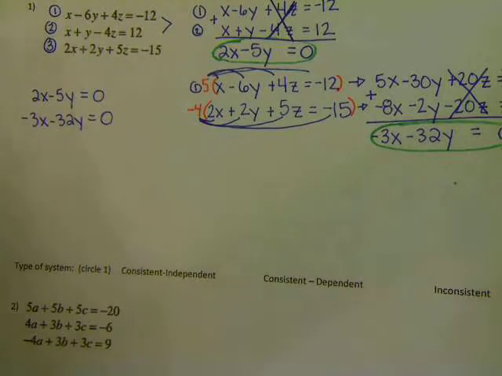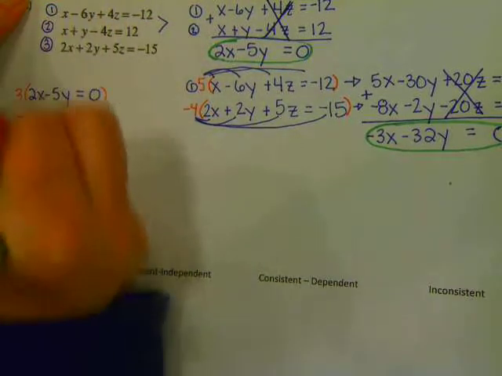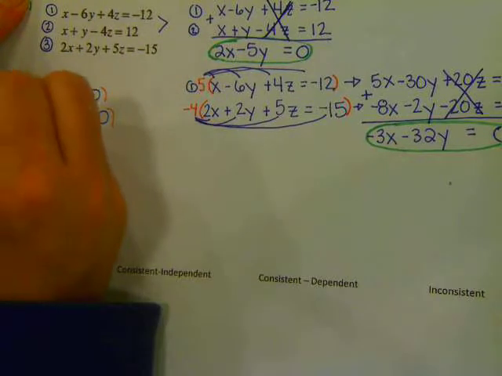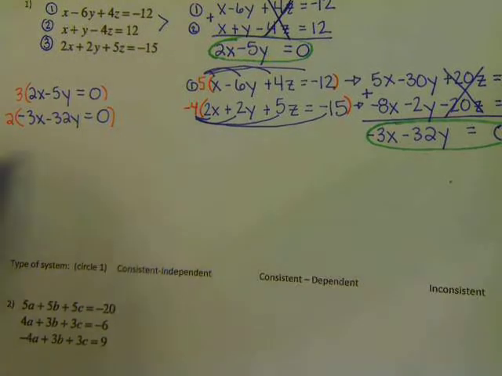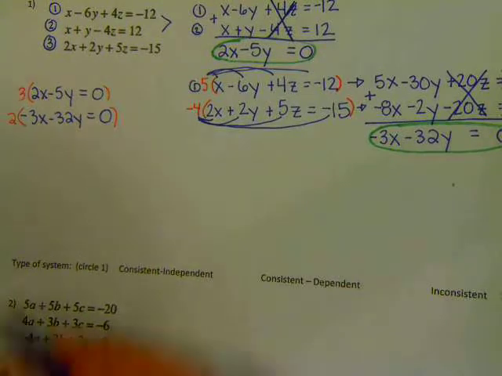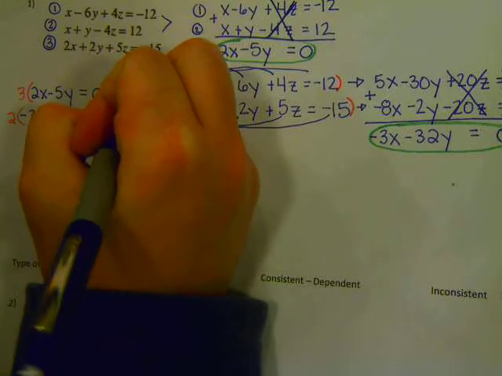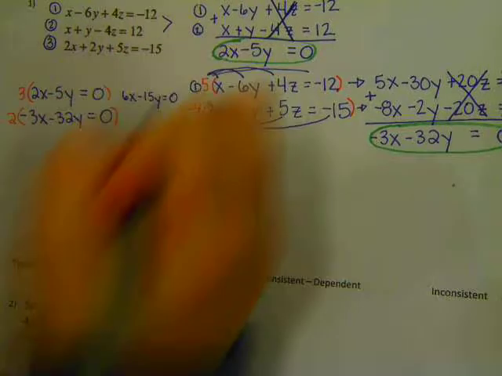If I multiply this by 3, and then I multiply the bottom one by 2, I will already have a positive 6x at the top and a negative 6x at the bottom, which is what I want. So let's go in and multiply. This one will become 6x minus 15y equals 0.